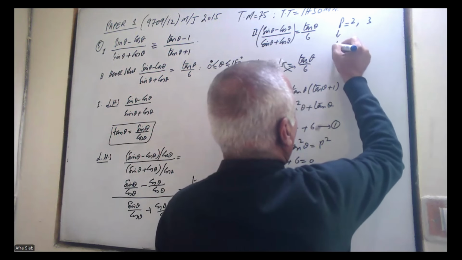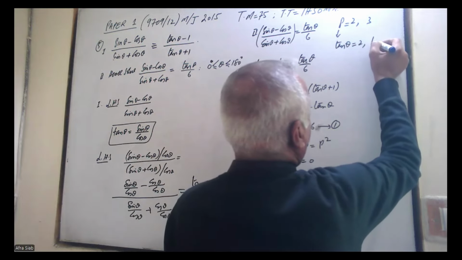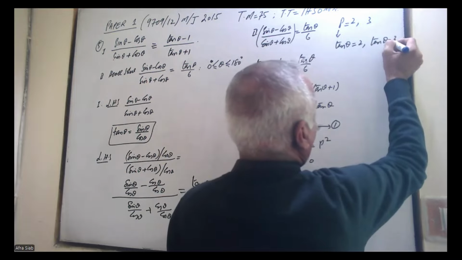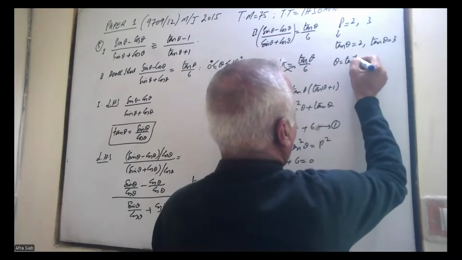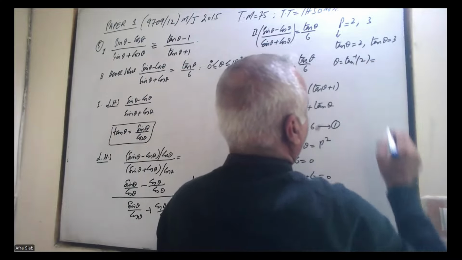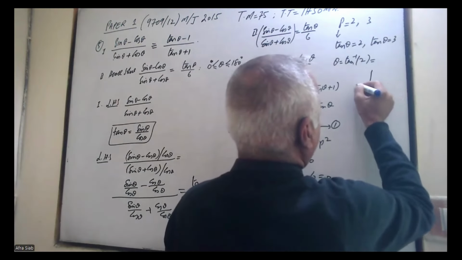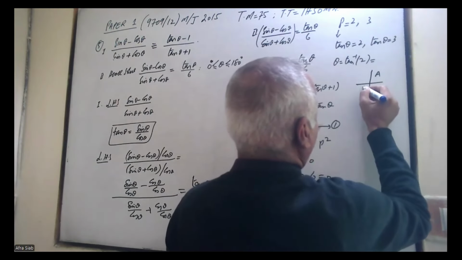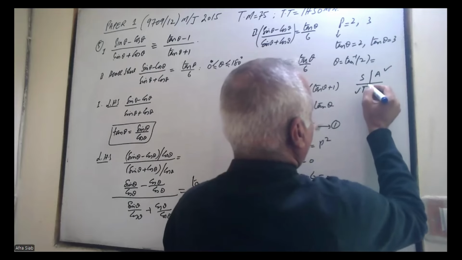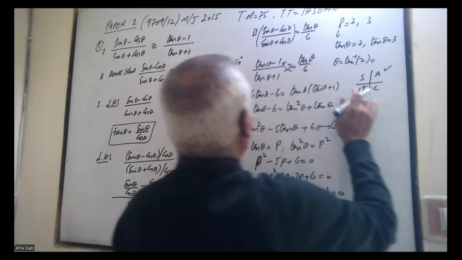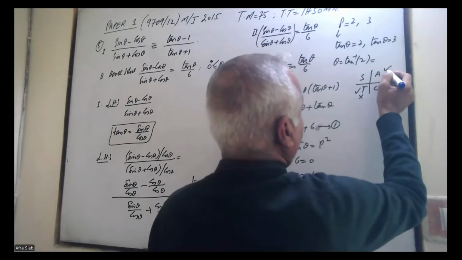But P itself is equal to tangent theta, so tangent theta is equal to 2, and tangent theta is equal to 3. If theta is equal to tangent inverse of 2, then we can find that tangent is positive in the first and the third quadrant. So the third quadrant is not used because the range is from 0 to 180. So it is positive only in the first quadrant.